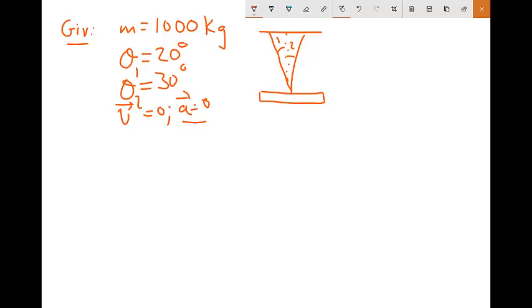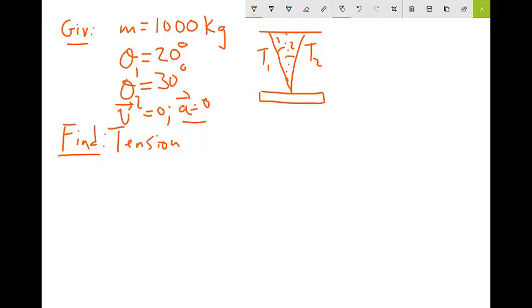Here's theta 2. Here's the girder, right? So one of the things that we need to do is to find the tension in each of the ropes. That's actually what is being asked for. So here's T2, here's T1.